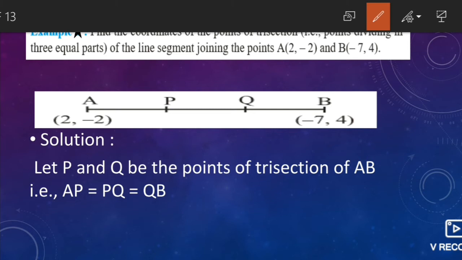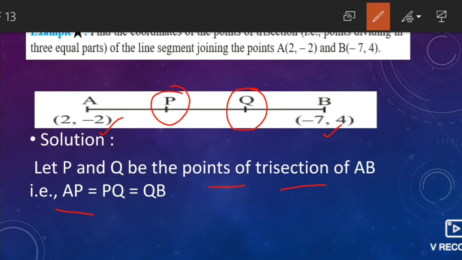For trisecting this AB segment, that means to divide this AB line into 3 equal parts, you need 2 points. Suppose the 2 points are P and Q. The coordinates of A and B are already given.